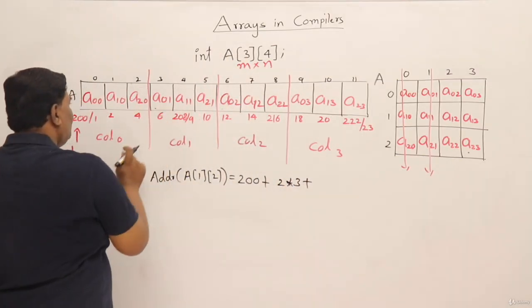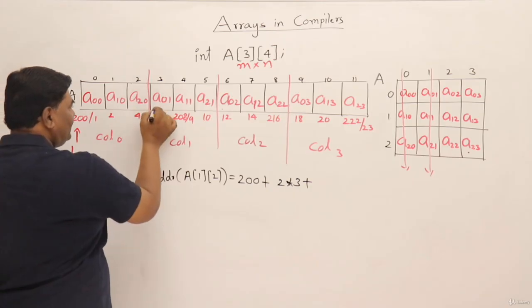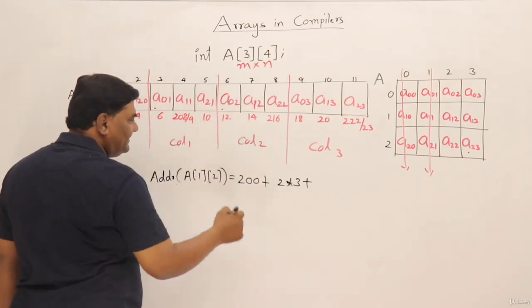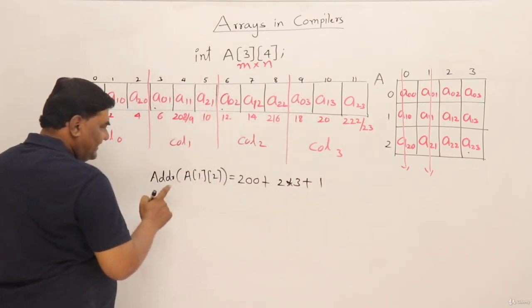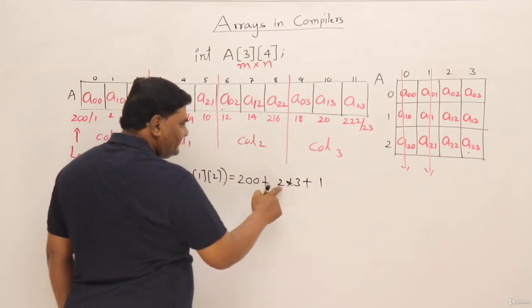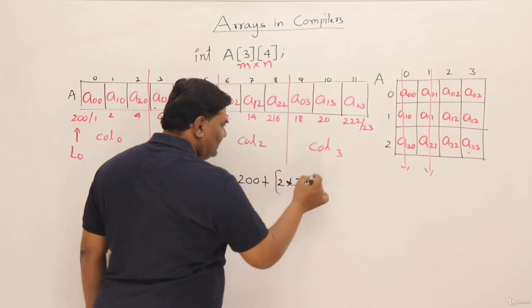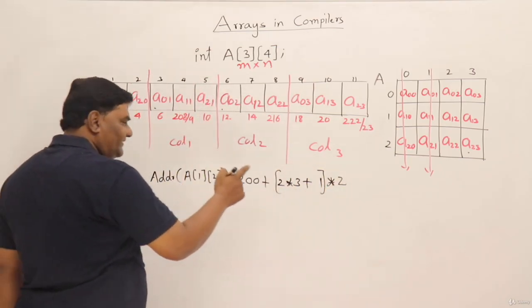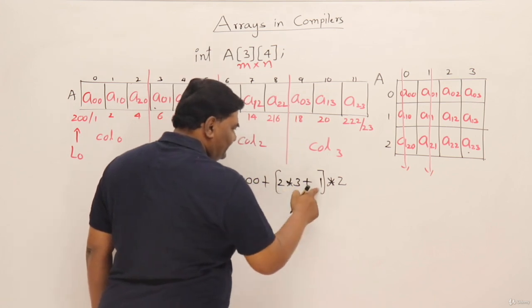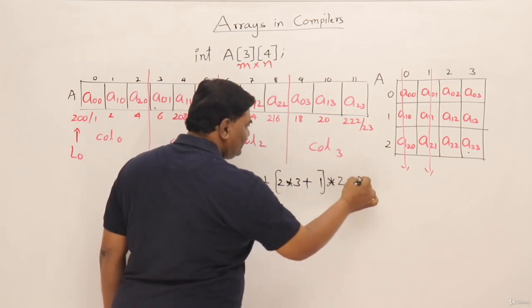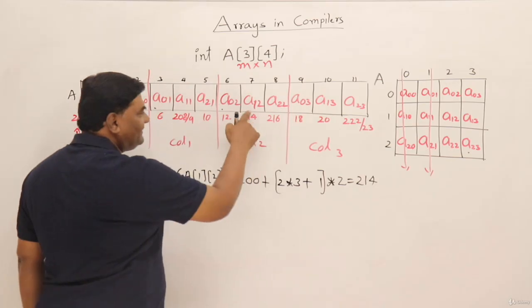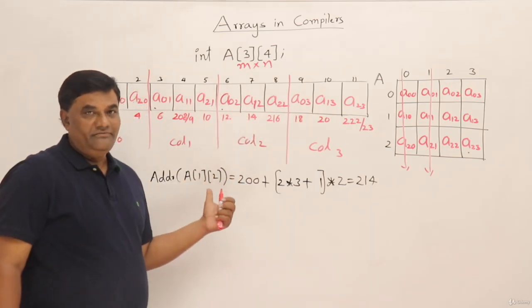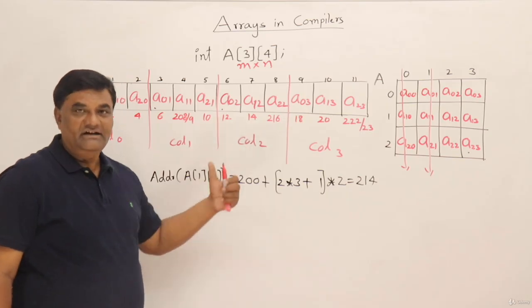Then plus, once I have skipped column 0, I am here, then I have skipped column 1, I am here. Now from here, how much should I move? Just one element. So this is 2 comma 1, and this has to be multiplied with the word size, W. So this will be 3 into 2 is 6, plus 1 is 7, into 2 is 14. So this is 214. And you can see that the address of A of 1,2 is 214. That's how we got the address of a given element.